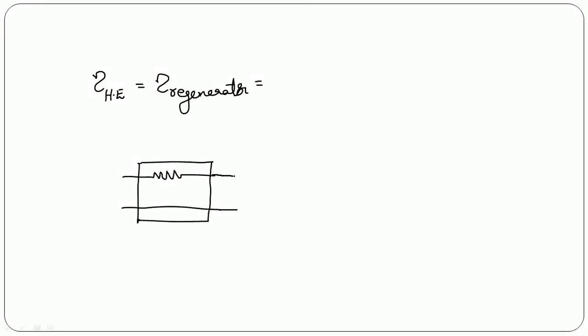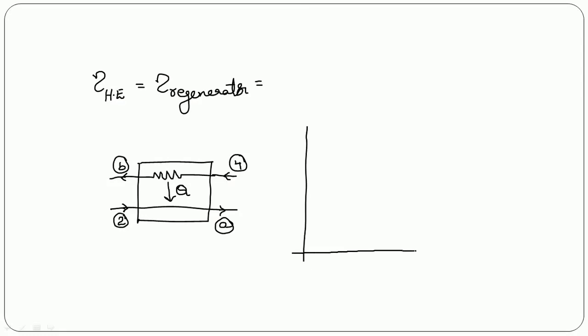In the regenerator, one fluid is flowing from 2 to A in this direction, and the other fluid is flowing in the opposite direction from 4 to B. In the heat exchanger, heat is lost by the fluid that is moving from 4 to B. If you observe, both fluids are flowing in opposite directions.